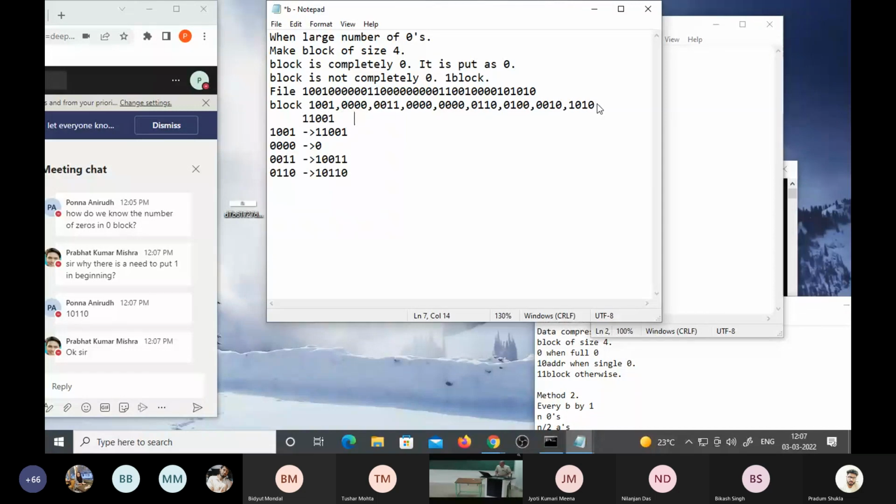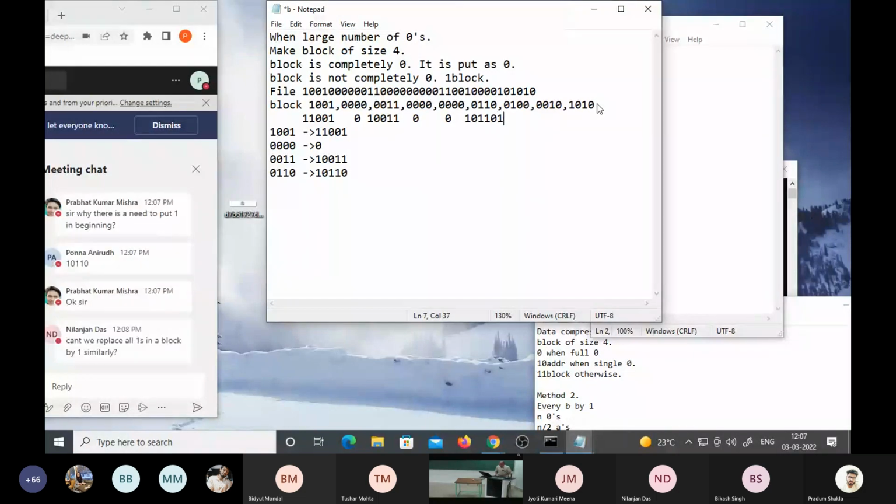This will be fully 0. This will be 1 0 0 1 1. This will be fully 0. This will be fully 0. This will become 1 followed by 0 1 1 0. This will also become 1 followed by 0 1 0 0.